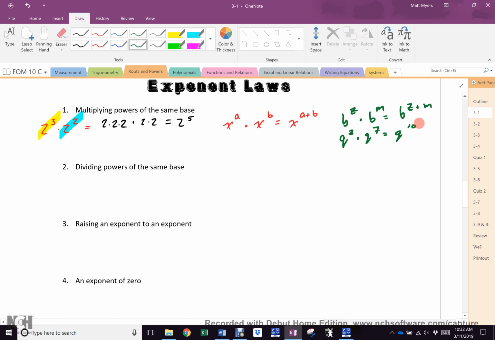All right. Next one. Dividing powers of the same base. So I'll start with, just like I had up there, 2 to the 3rd divided by 2 squared. What's the answer? 2 to the 1. Why? You subtract. Again, Helia, that's what we do. Why does it work? Nathan.